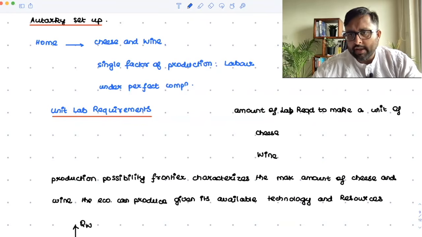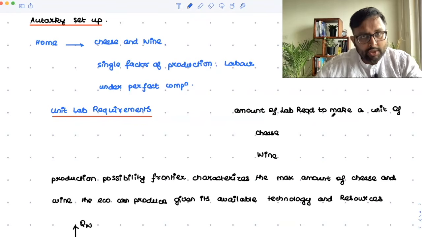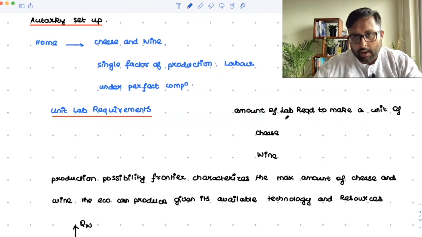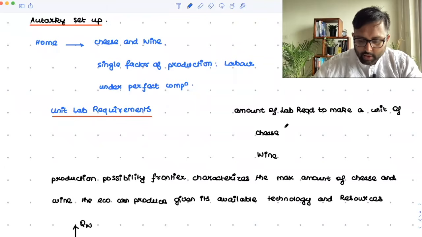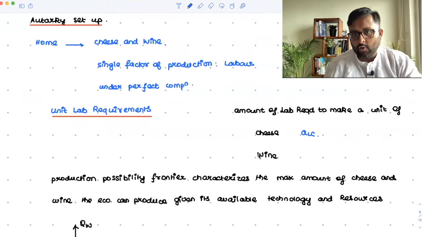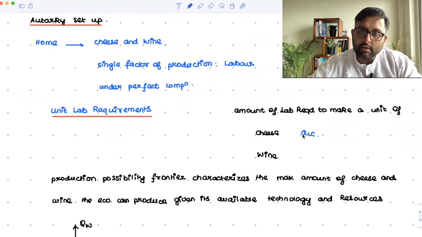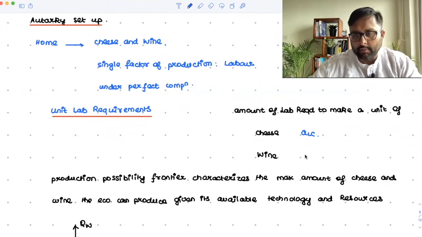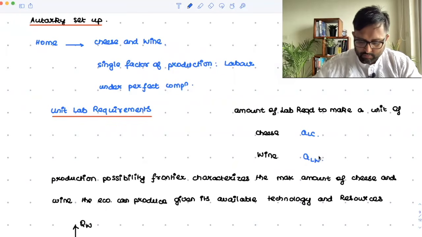The amount of labor required to make 1 unit of cheese is, let's say, ALC. For 1 unit of wine, you require ALW amount of labor.